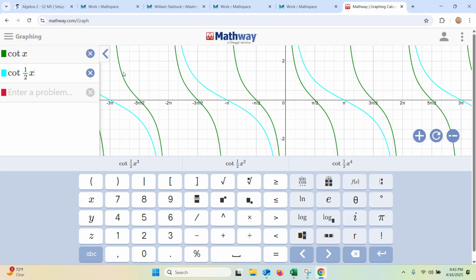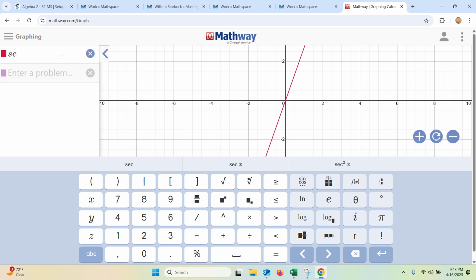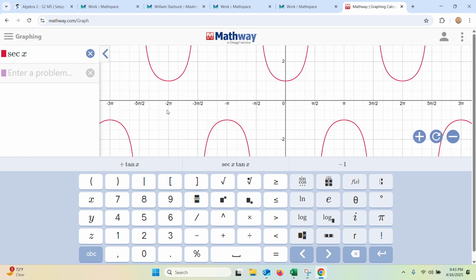So let me show you over here on Mathway. This is secant x, okay, there's our regular graph. Secant of, shoot, I forgot the number.